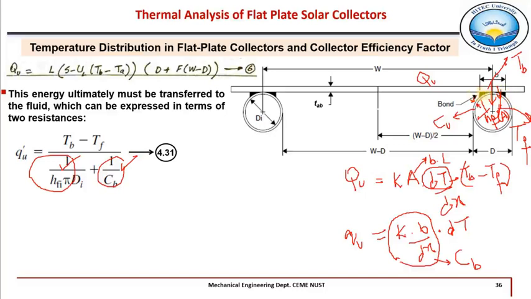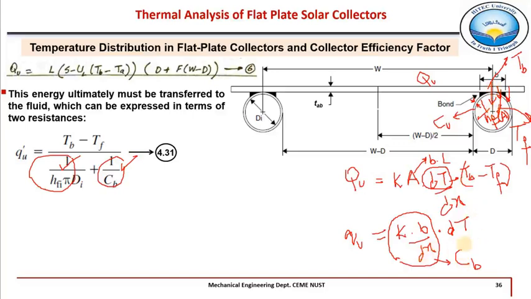That is the total or average, because this thickness is not constant over this whole breadth. So that is the average thickness of this bond in the direction of heat transfer, which is this one. That is the direction of heat transfer from TB to TF.